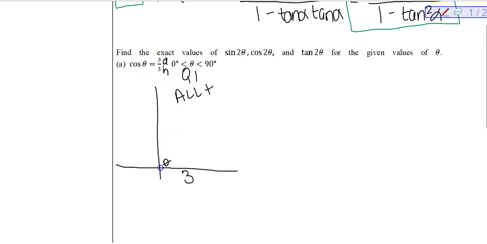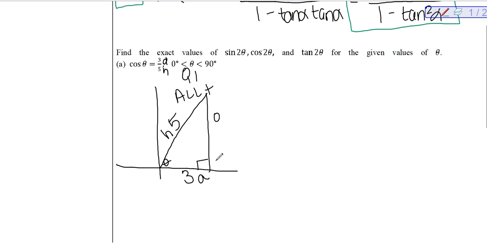So I'm going to make my adjacent side, or my horizontal side, 3 and my hypotenuse 5. And then I'm going to connect the terminal side to the x-axis as proper when I'm on a unit circle or on a coordinate plane. Drop in my right angle and label. This is my adjacent side. This is my hypotenuse. And I'll probably need my opposite side if I want to find the sine of double theta.